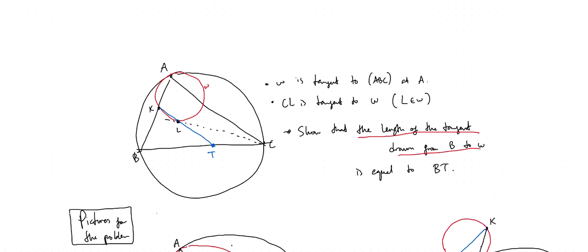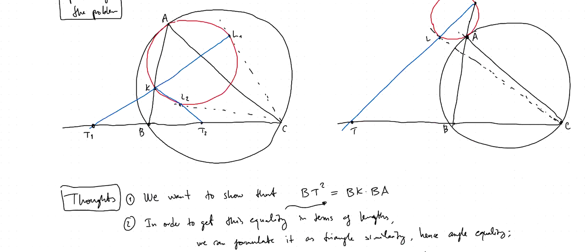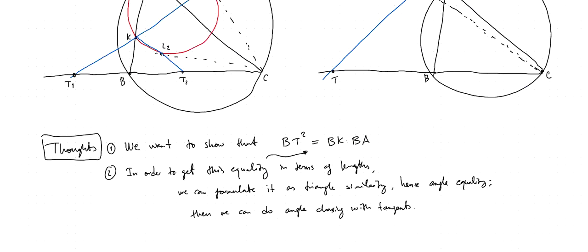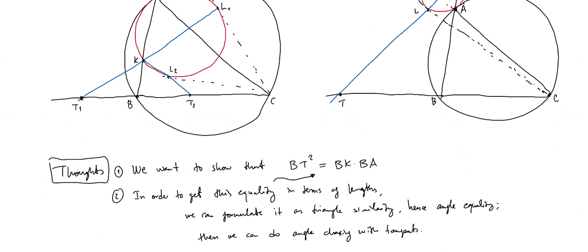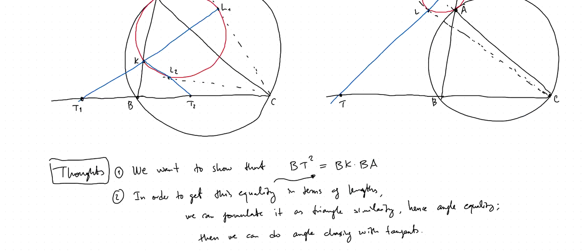Okay. I think that we should use the fact that omega is tangent to the circumcircle of ABC by drawing the common tangent to both of them. Yeah, when we start doing the angle chasing, we will use it. But we have not started doing the angle chasing yet.